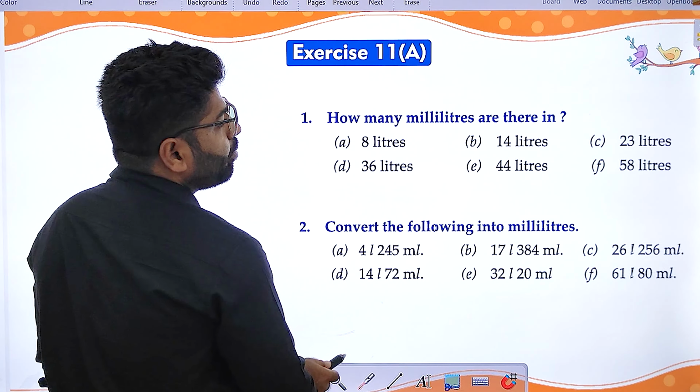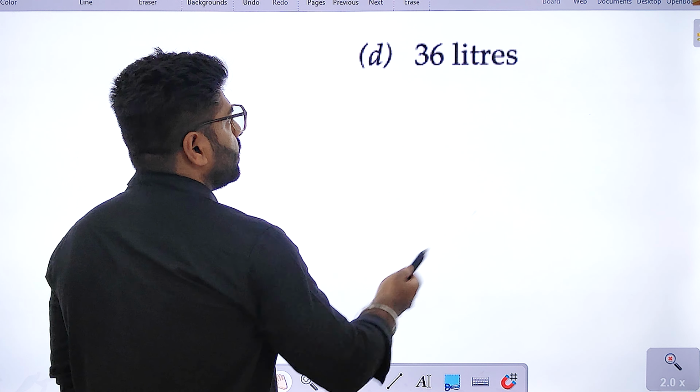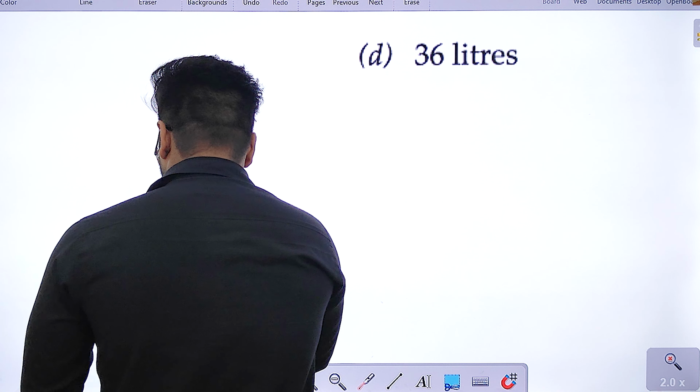So come to our exercise 11.8. There is a question number 1. How many milliliters are there in? Okay. So let's pick question number D part. Here we are having 36 liter. So we know that 1 liter equals to 1000 milliliter.